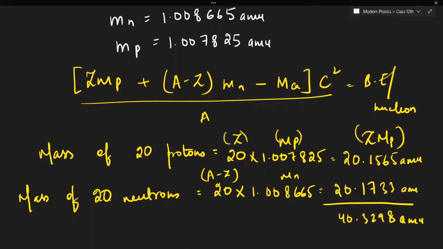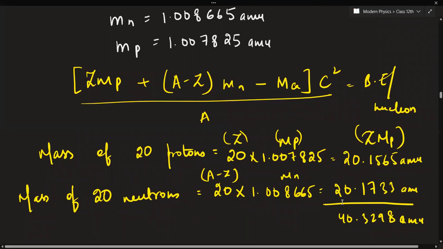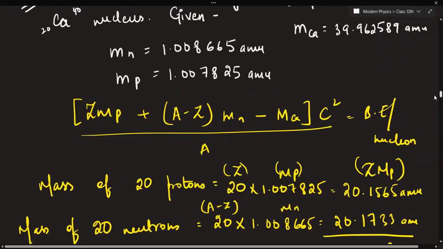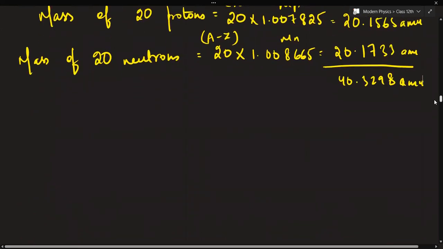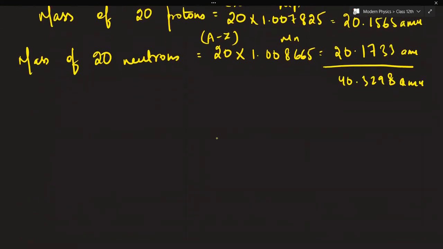Now what do we have to subtract? We have to subtract the mass of the calcium atom. The mass of calcium atom is given as 39.962589. So from this term, subtract the mass of calcium.